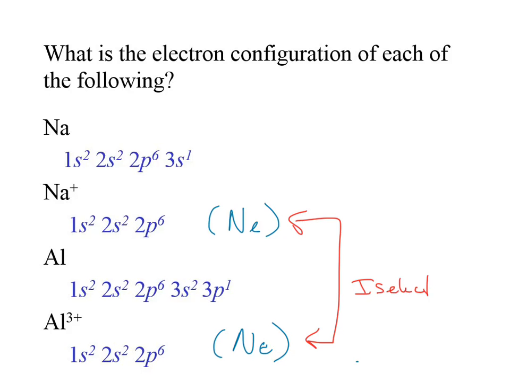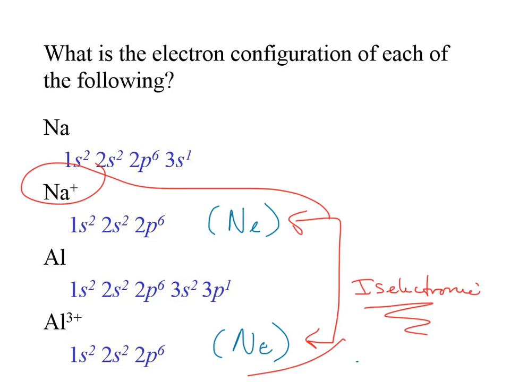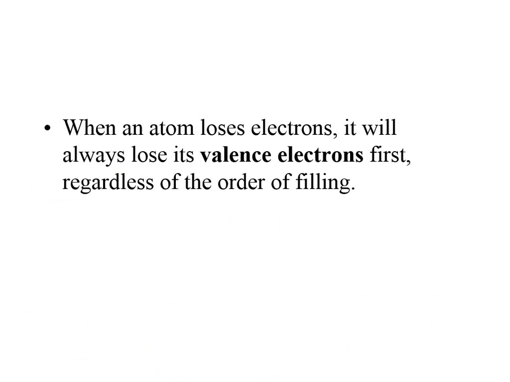It simply means that they have arrived at the same electron configuration. It just happens to be like neon. So when I say isoelectronic, I'm really talking about these guys. The cations are isoelectronic. Neon is isoelectronic with them. Cool.